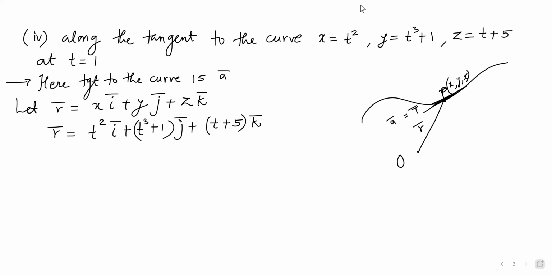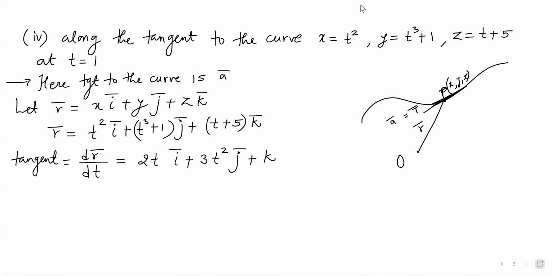How do you calculate a tangent? The tangent is nothing but dr bar by dt. Differentiate this with respect to t. That is your tangent. Correct? So differentiate this. It is 2t i bar plus 3t square j bar plus k bar.